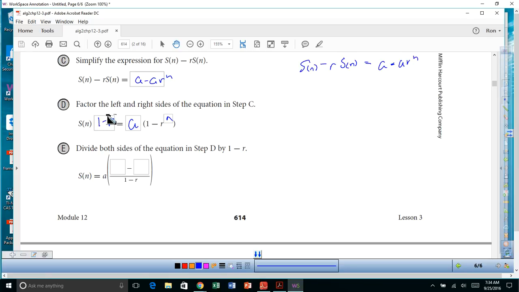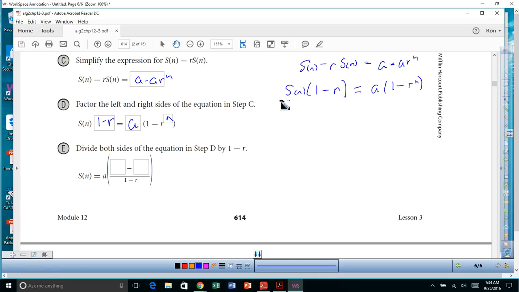And that doesn't really show what they're really doing here. So they're factoring out the s of n, and that leaves 1 minus r equals, and here, they're factoring out the a, and that leaves 1 minus r to the n.